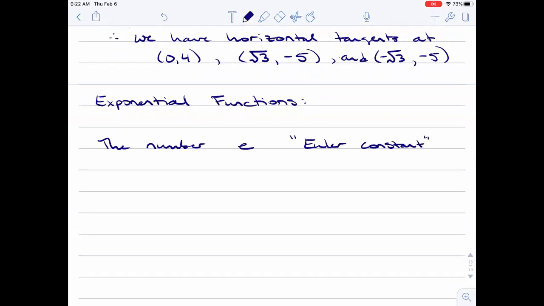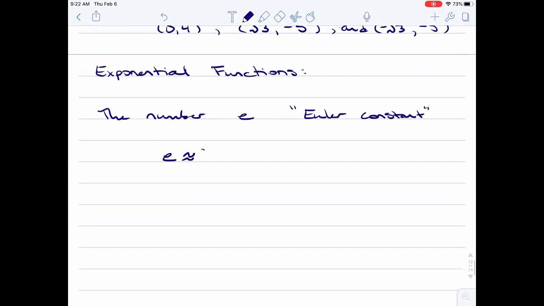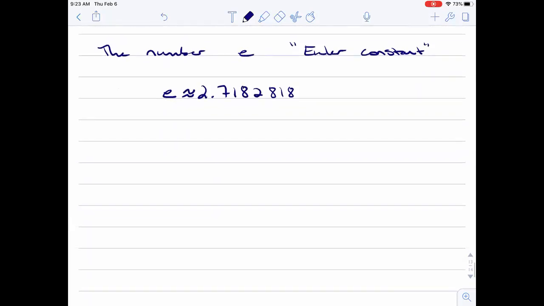Although I'm pretty sure you say Euler. Anyways, can't remember. E is roughly 2.71828 and can keep going forever. So it's roughly 2.72, if we think about it as a number. But you've got an E button on your calculator, so you don't need to do that.